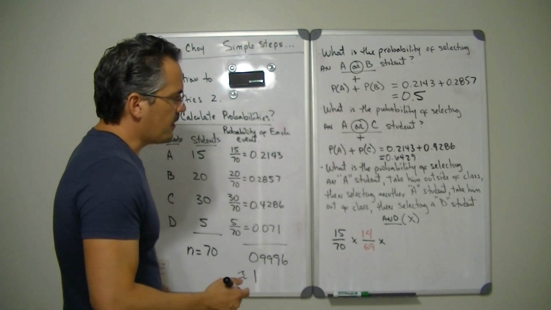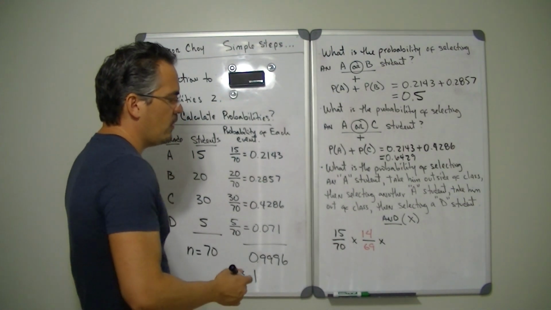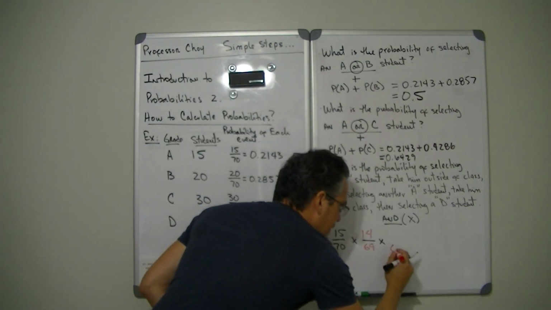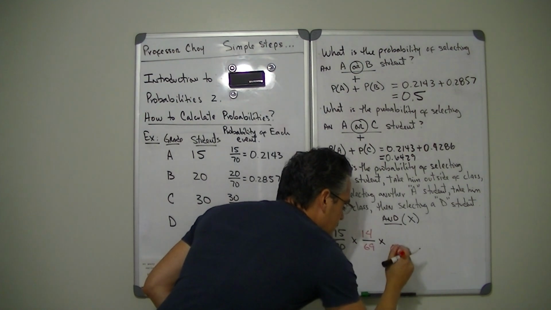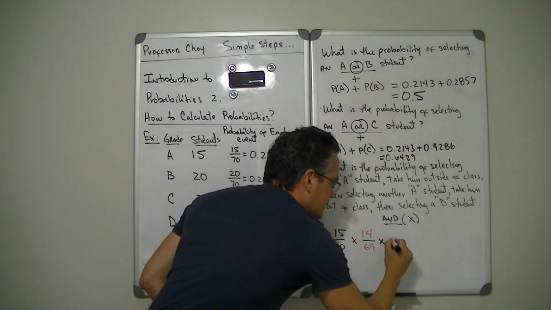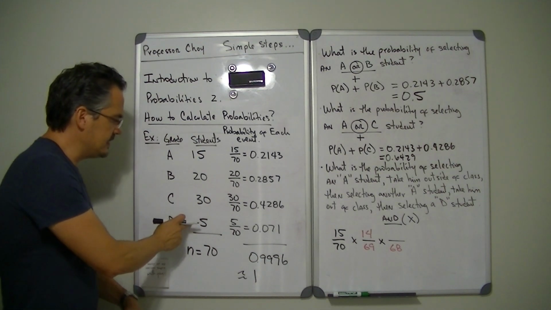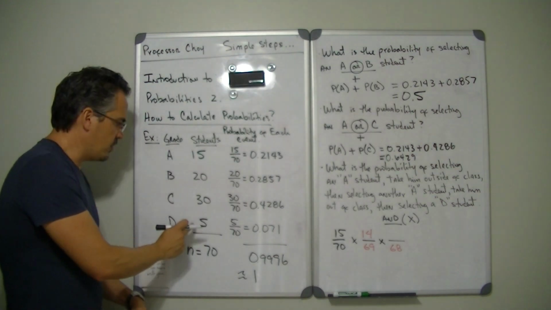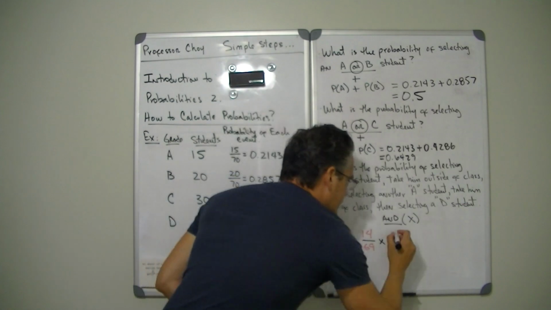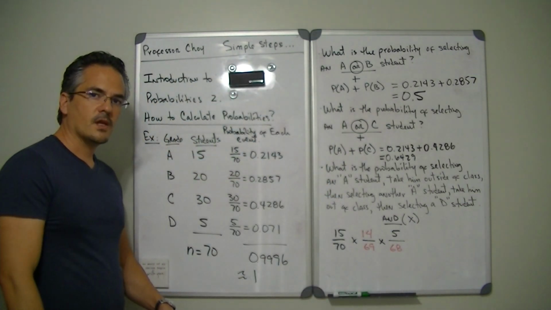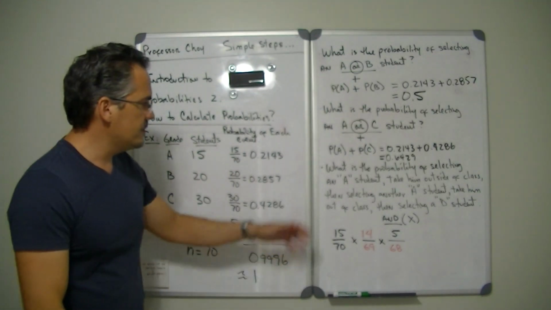Okay, well, the probability of selecting a D student once we took these out of the class again is now 68 because we took out another student, but all the students that got a D are still inside the class, so we put the 5 there. Okay? So this is the answer to this question.